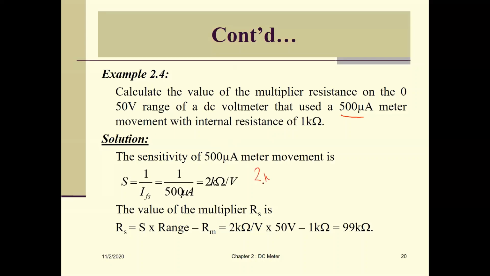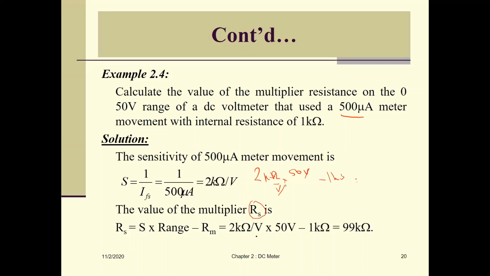So 2 kilo ohm per volt multiplied by 50 volt, so we can cancel out the V and only the ohms are left here, then minus 1 kilo ohms. So the answer is 99 kilo ohms. This is for RS, the multiplier.